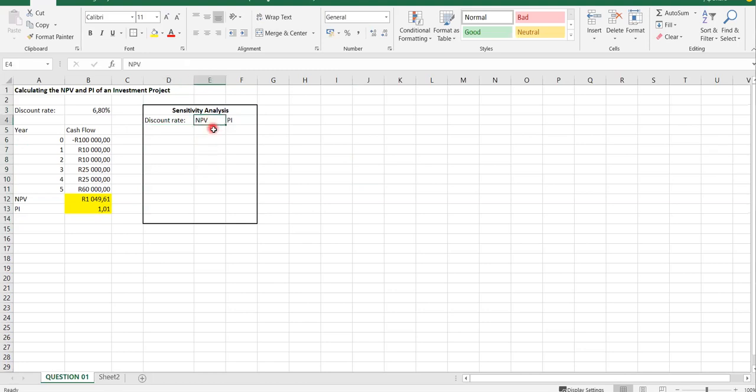And then firstly, I have to put my original net present value and profitability index. So in this, I'm going to put a formula. Remember the formula, it's equal to, then I just copy this. Same applies here, this cell. I want to put a formula, equal to, then I copy this, then enter.